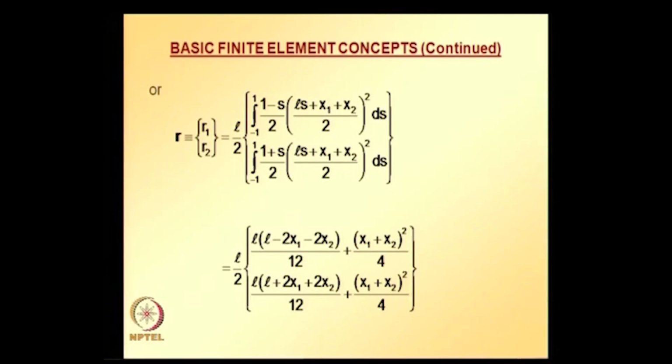So you can easily assemble R once you know the nodal coordinates of a particular element. You plug in the local node 1 as x1, local node 2 as x2, and the length of the element, and you can find what R is.